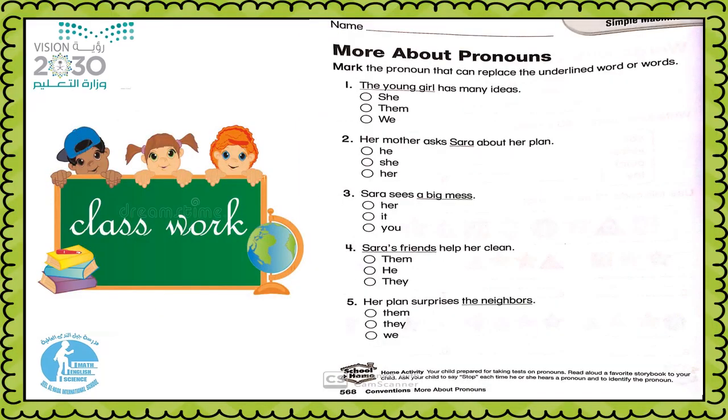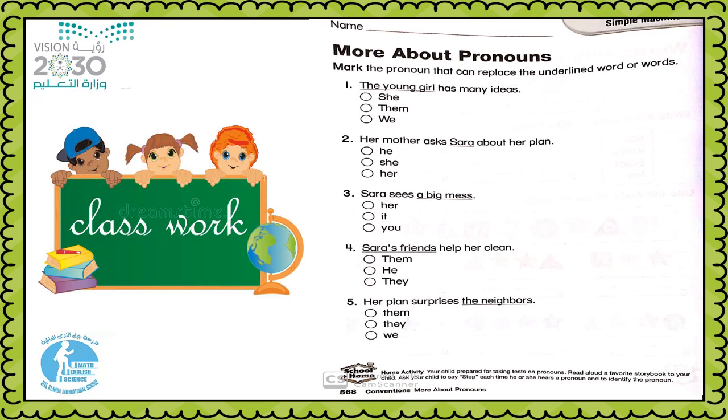Okay, now we have another page for this lesson. Open your notebooks. Page 568, please. More about pronouns. Mark the pronoun that can replace the underlined word or words. Number 1. The young girl has many ideas.